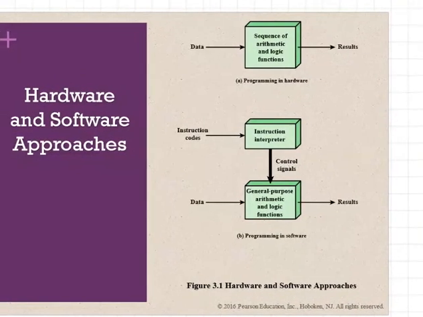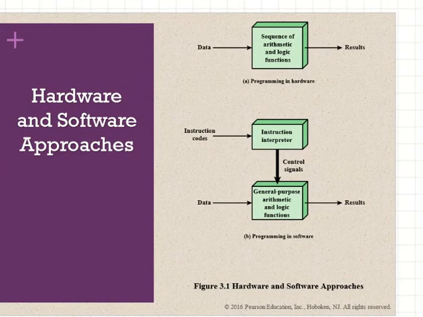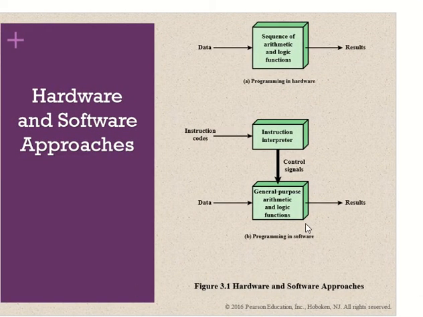Here you will see programming in hardware and programming in software. When you see the hardwired program, the first diagram, the computer is designed to produce a result for some specific action.